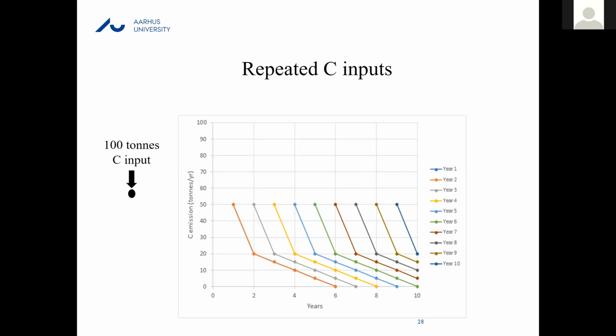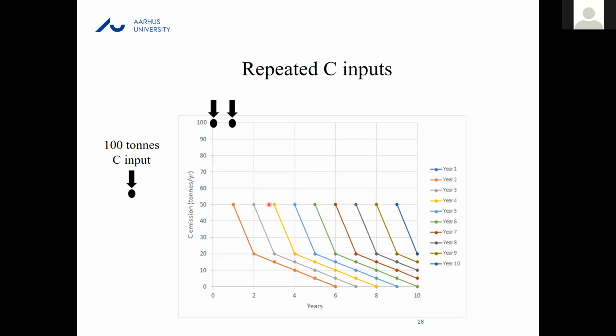So with repeated carbon inputs, at the start of year 1, we put in 100 tons, but by the end of year 1, half of that has been emitted. But then we add another 100 tons at the start of the next year. But by the end of that year, half of that has also been lost, plus some more of the carbon that was input in the first year.